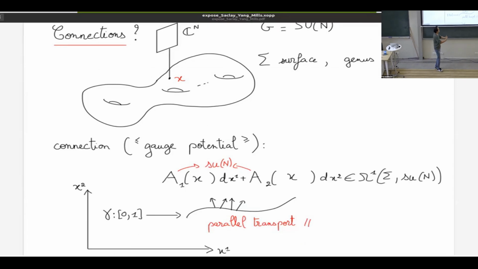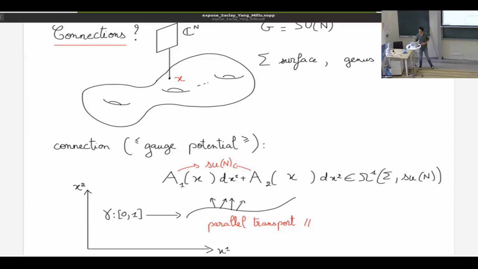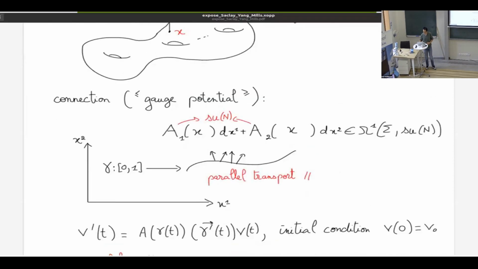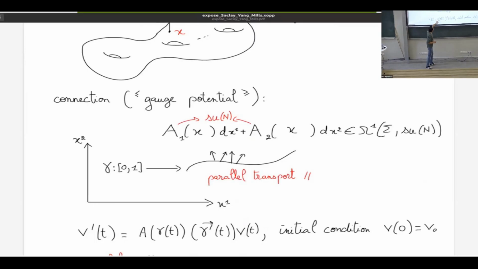If I give you a connection, and I draw a curve on the surface, by pulling back the connection on the curve and solving this ODE, you take your connection, contract it with the velocity of your curve gamma, and solve this ODE with initial condition V0.